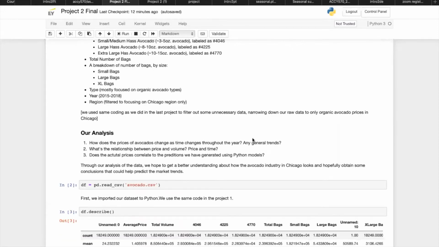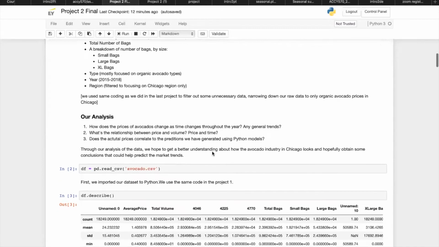Some key questions we're trying to answer are: how do the prices of avocado change as time changes, what's the relationship between price and volume, price and time, and how do the actual prices of avocado compare to a prediction?